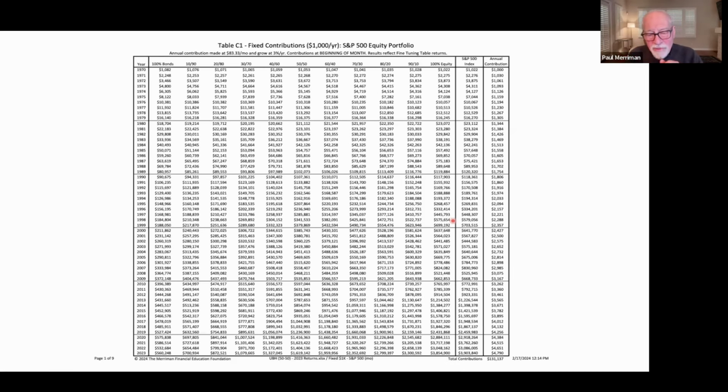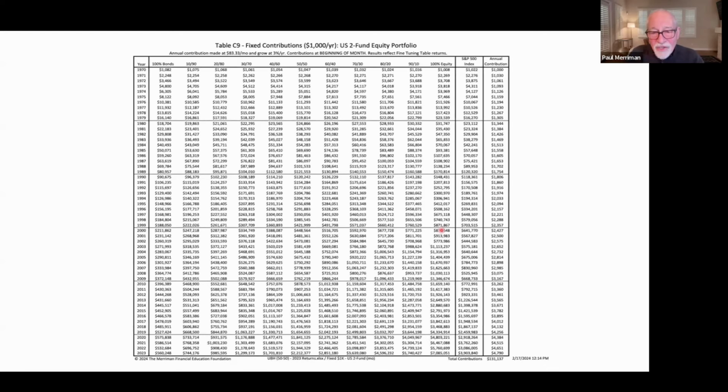Now, let's remember this. Let's call it $700,000 here at the end of 1999. And in the two-fund strategy, 871. You've got approximately $171,000 more now to work for you for the rest of your life. And you can see every one of those bits of money that continue to grow on each other blossom.